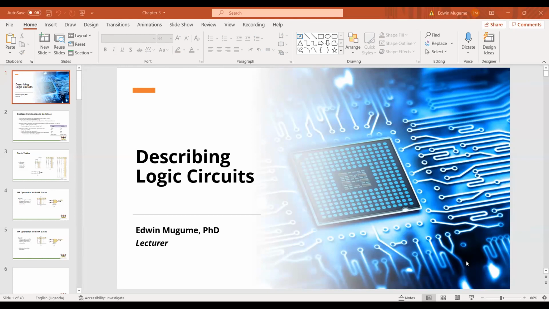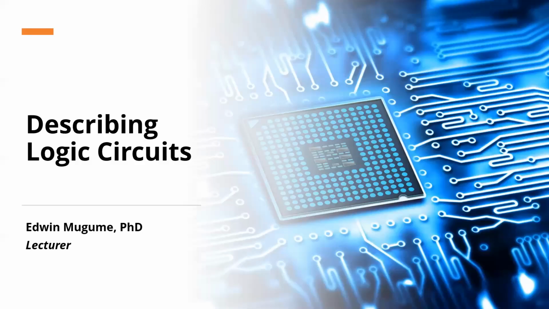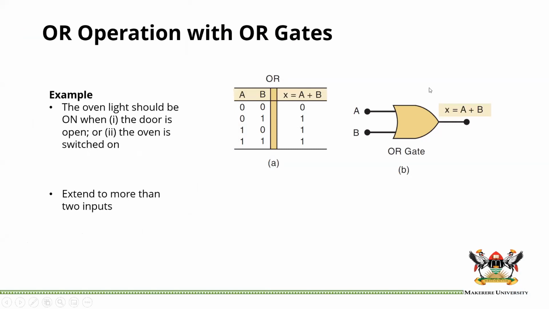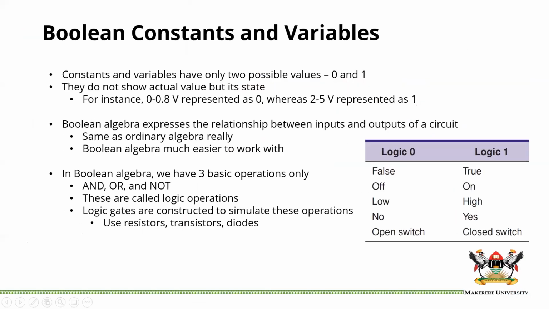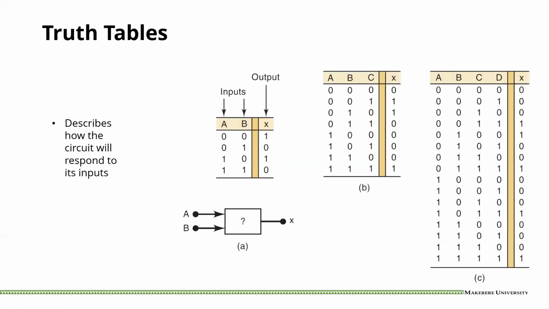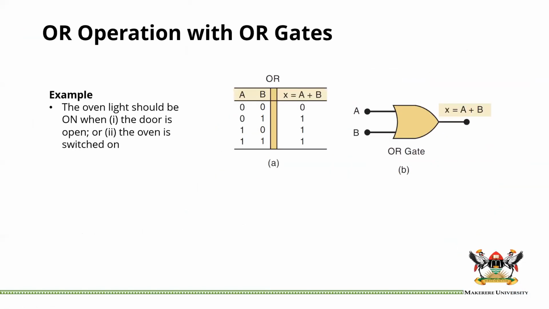Now, we've been looking at digital logic circuits, and really this is where everything gets interesting. And so we'll continue that discussion. We looked at gates. We looked at the idea of truth tables, but yeah, we looked at the OR operation, and we said that with the OR operation, it is either or.